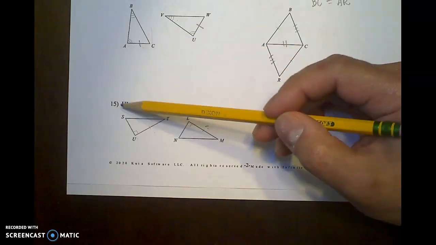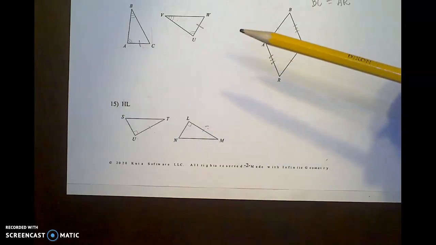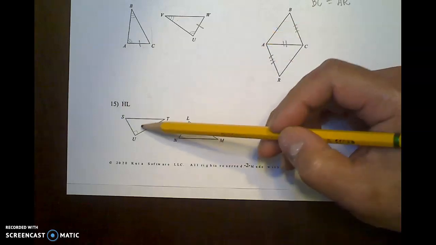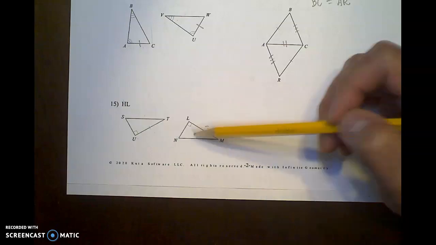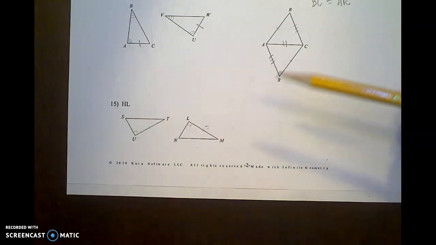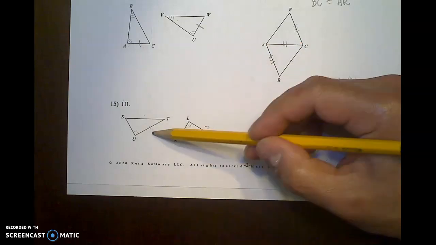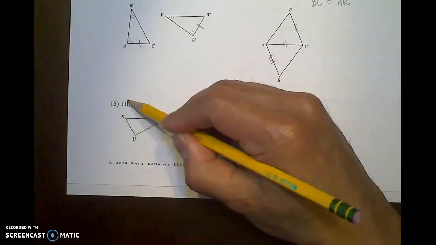Well, if you recall, H represents hypotenuse, and the hypotenuse is the side opposite the right angle. We do not have the side opposite the right angle tick marked, so that makes these 2 tick marked sides L.